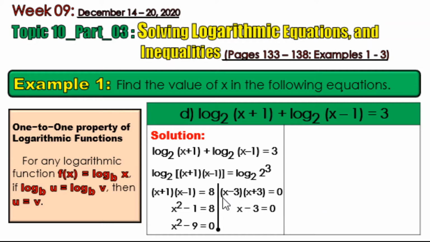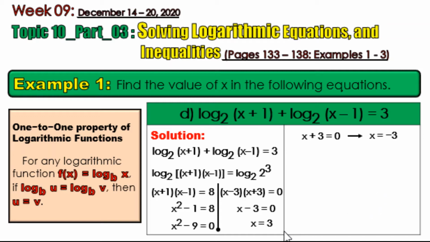So x minus 3 is equal to 0. Applying the addition property of equality, x is equal to 3. For the second factor, x plus 3, we equate that to 0, and x is equal to negative 3.